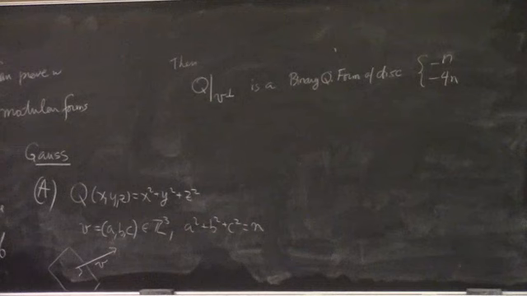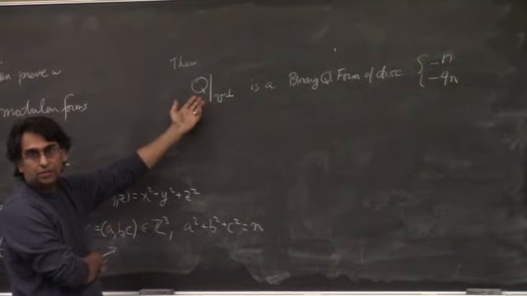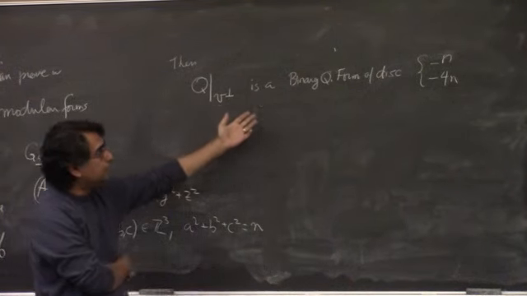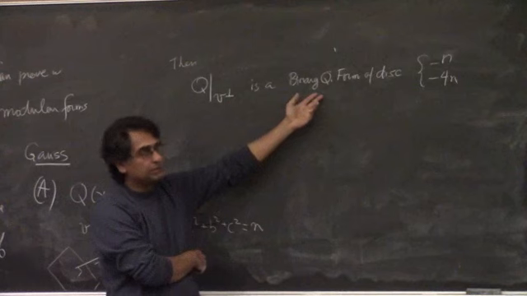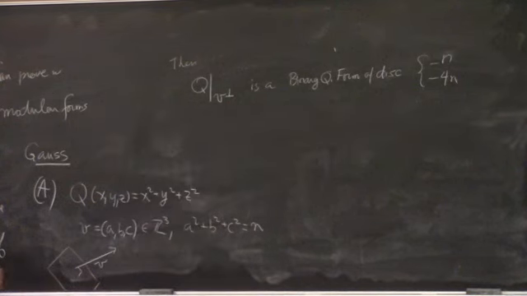What I mean by that is if you choose a basis for V perp, then in that basis you can write Q as a binary quadratic form. If you change the basis, then you change the binary quadratic form by an element of SL2Z. So you have a well-defined SL2Z equivalence class of binary quadratic forms by restricting Q to V perp.